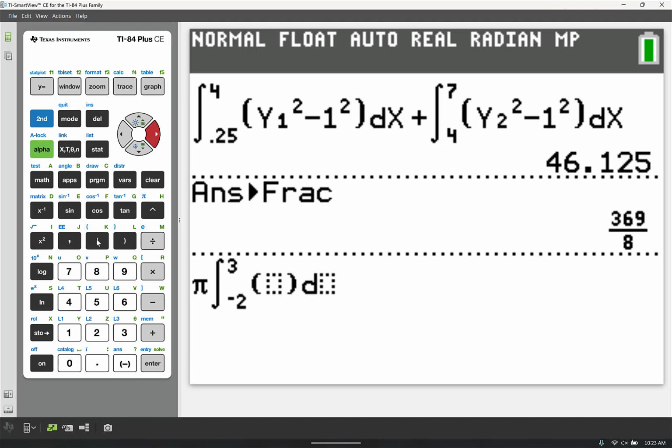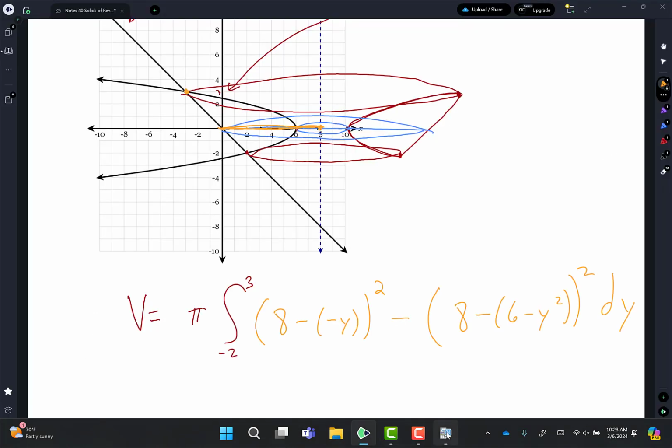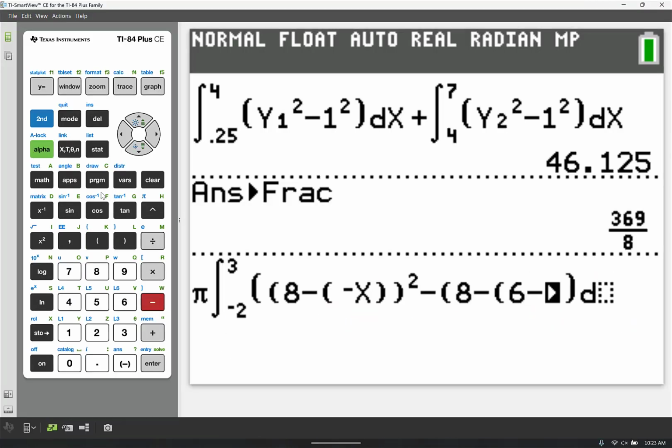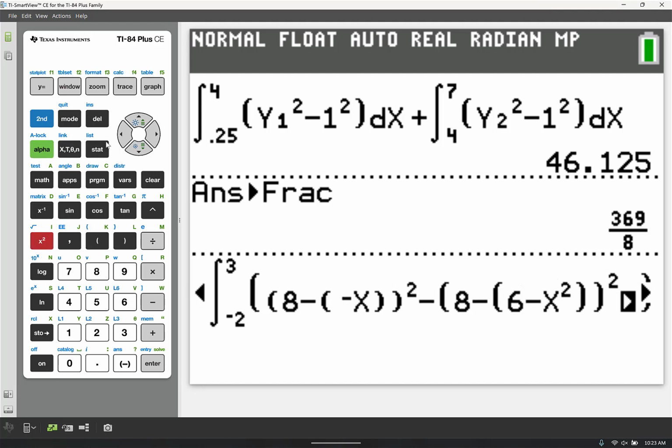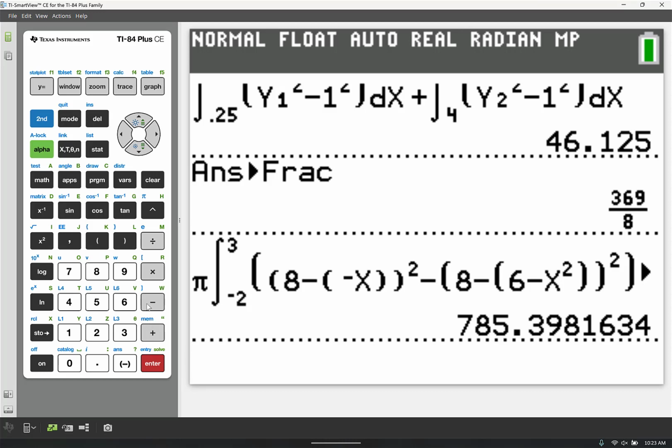And then parenthesis, 8 minus, or I think we said plus, but that's fine, parenthesis, negative x, close, squared, minus, parenthesis, 8 minus, parenthesis, 6 minus x squared, close, squared. I hope I didn't make any mistakes, and let's see what I get. I got 785.398.